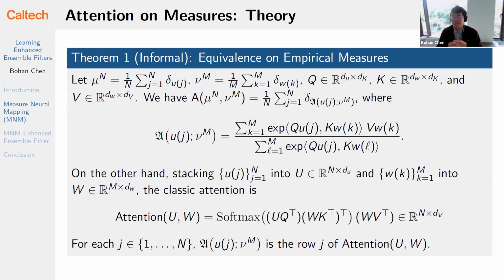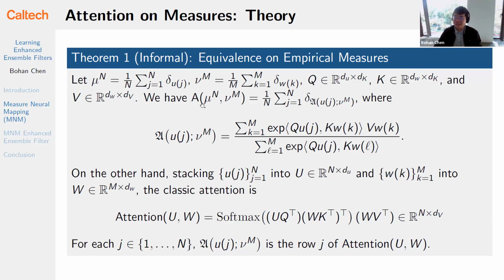Firstly, we want to bridge this attention on probability measures to the classic sequence version of the attention mechanism. That's why we call it attention on measures. So there must be some equivalence. The equivalence lies in the empirical input. If we consider 2 empirical measures, mu n and nu m, their lengths can be different.